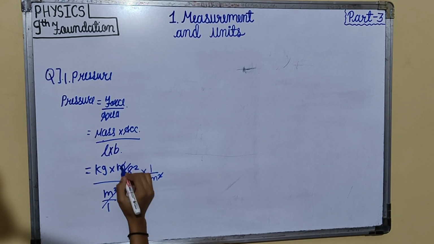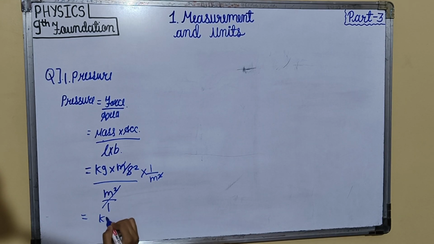Will cancel 1m and 1m, we will get kg per meter second square. This would be the answer for this derived quantity, that is pressure, and the SI unit is kg per meter second square.